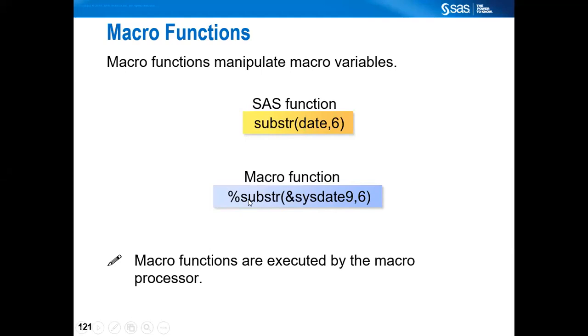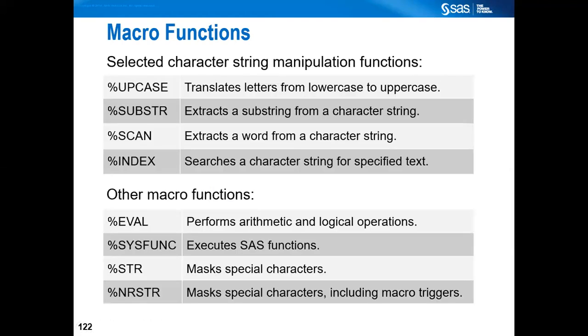Because it's preceded with a percent sign, it's a macro trigger: percent followed by a name token or a variable name or any name. That means it's going to be processed in the macro processor. So these are some of your macro functions. Same as your base SAS, no difference. Everything works the same as base SAS.